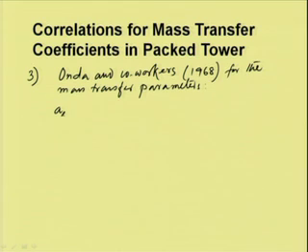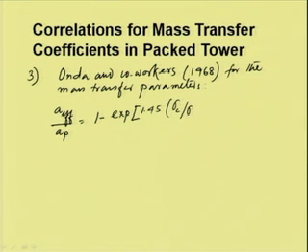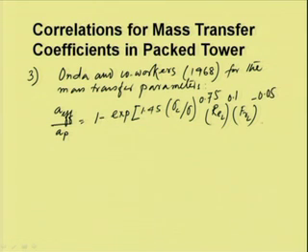A effective divided by Ap is equal to 1 minus exponential of minus 1.45 times sigma c by sigma to the power 0.75, Reynolds number to the power 0.1, Froude number to the power minus 0.05 and Weber number to the power 0.2. Each number we will discuss later.